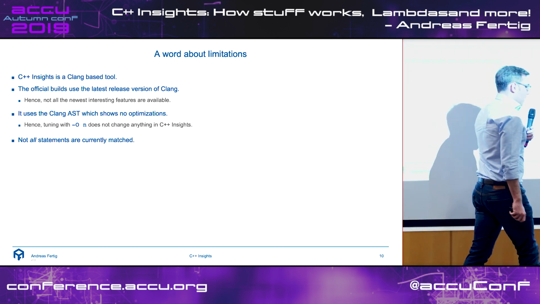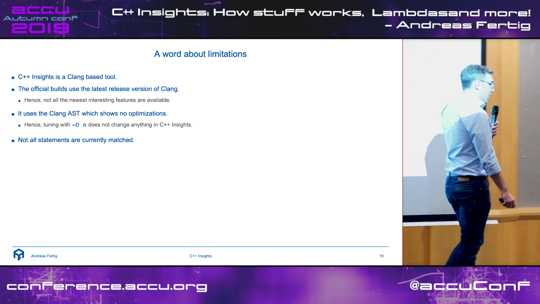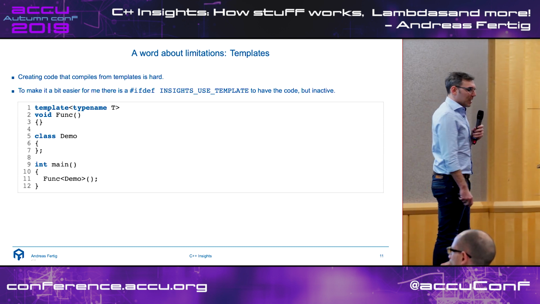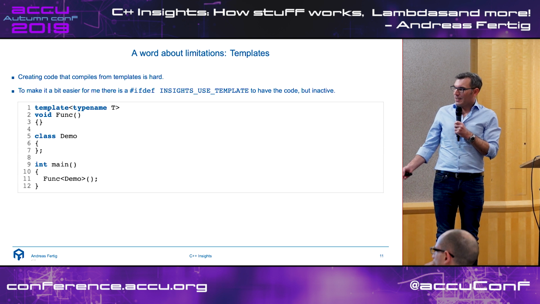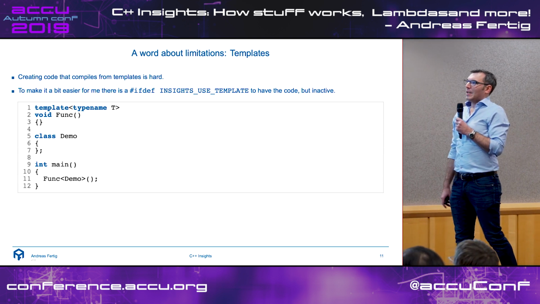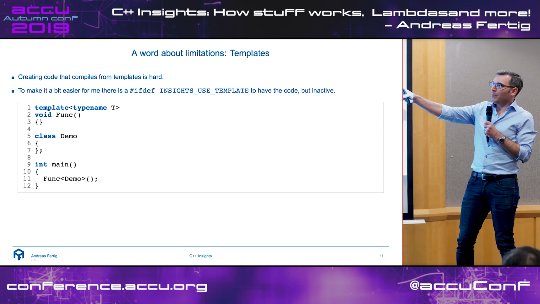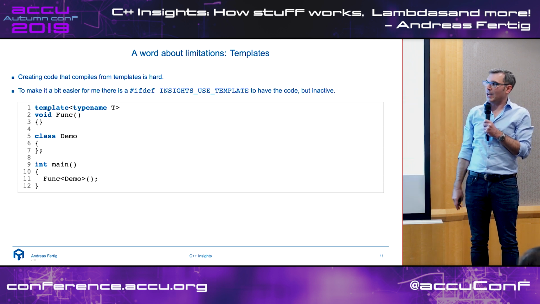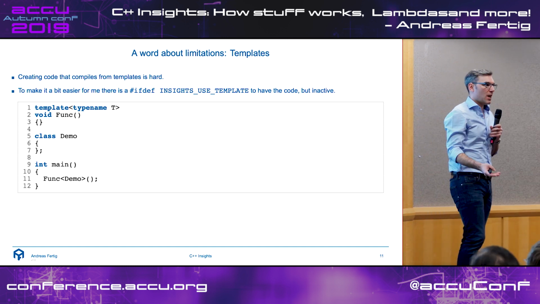There are other things which unfortunately are not that easy to make working. And as much as I like templates, it's templates. So look at this example. I have my function template, Func here, which takes a typename T, and I have my class Demo after that, and then in main, I instantiate Func with Demo, the type Demo.